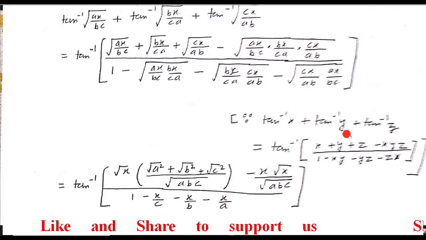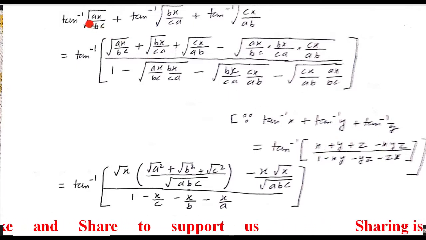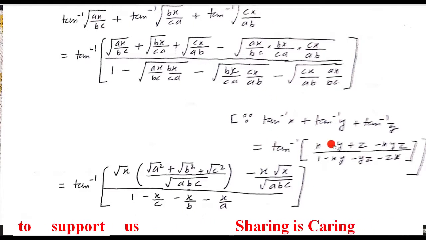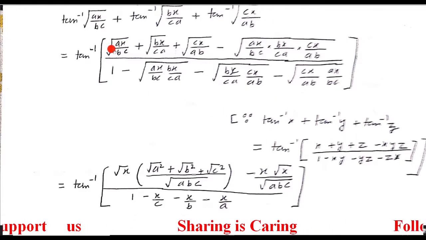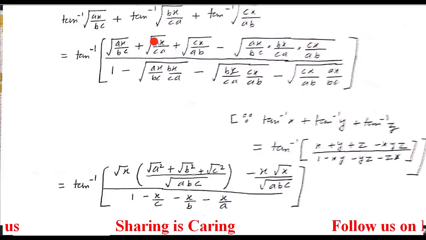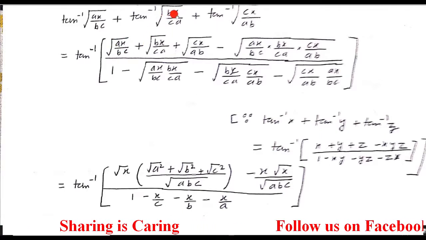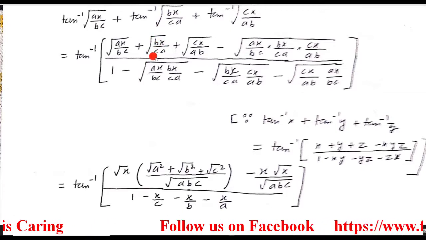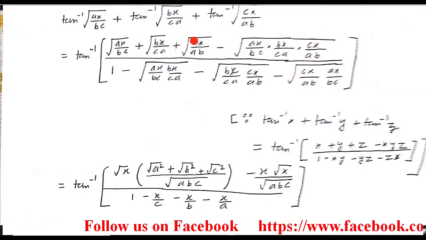So in this formula we will substitute the values of these terms. Instead of x plus y plus z, I wrote here root ax upon bc, and the second term's value, that is root bx upon ca, then root cx upon ab.